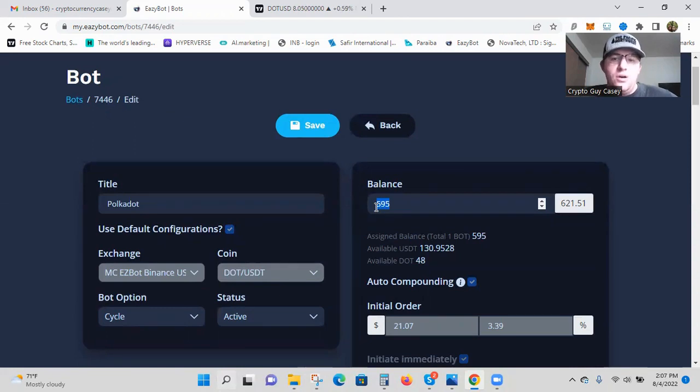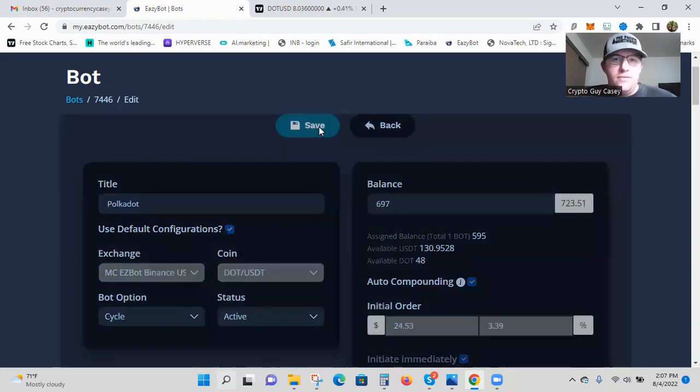So 697 is going to be the new amount that Eazybot will have to trade. It's simple as that. You add whatever your original was, plus the amount that you're going to add, adjust that here and click save.